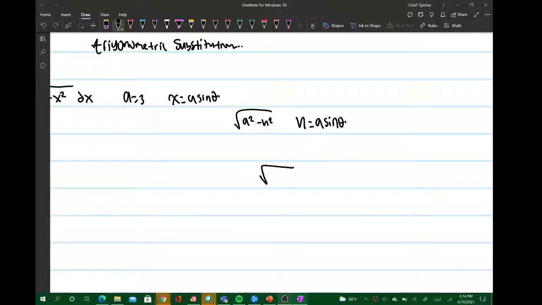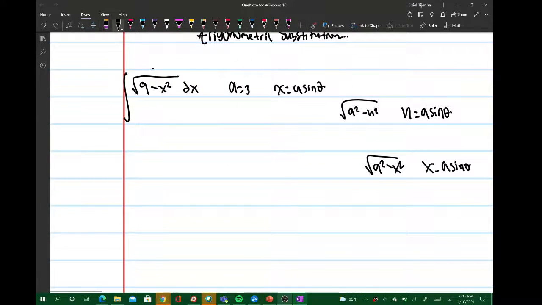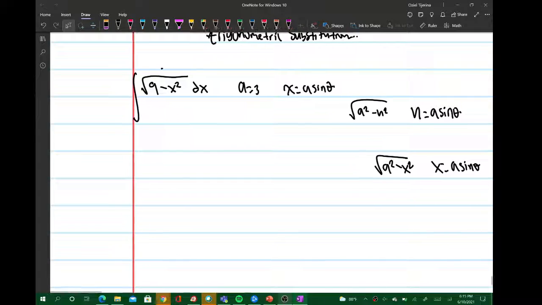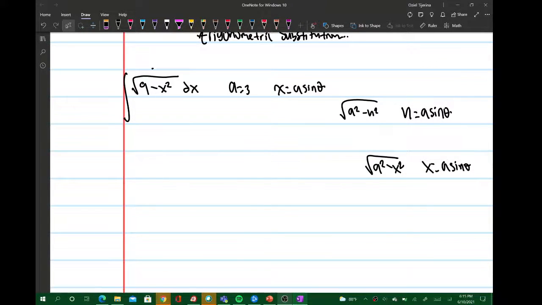Or if we have it of the form a squared minus x squared, that means that x is going to be equal to a sine theta. We're going to use this substitution, right?